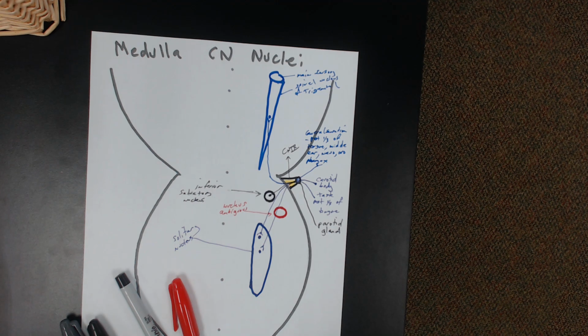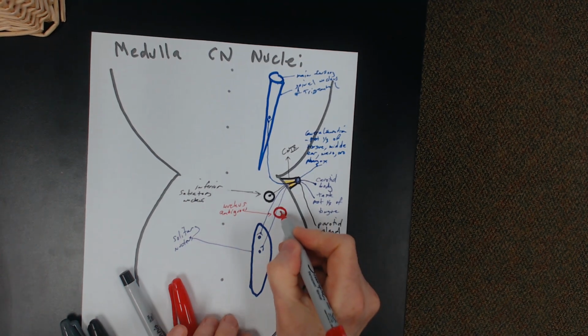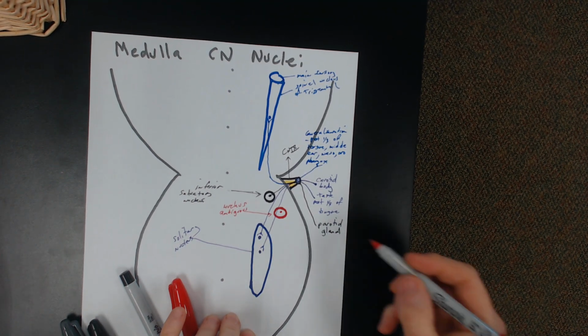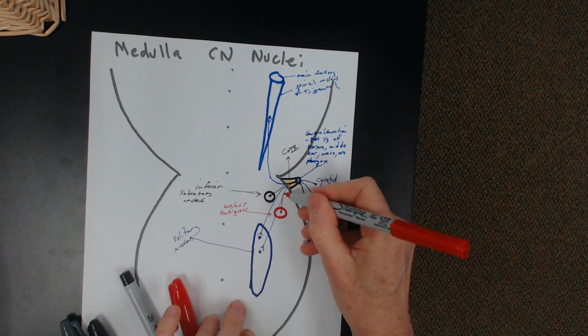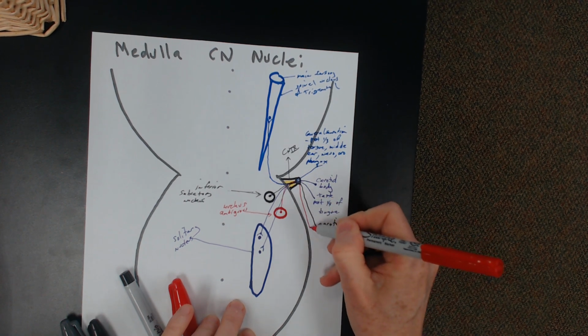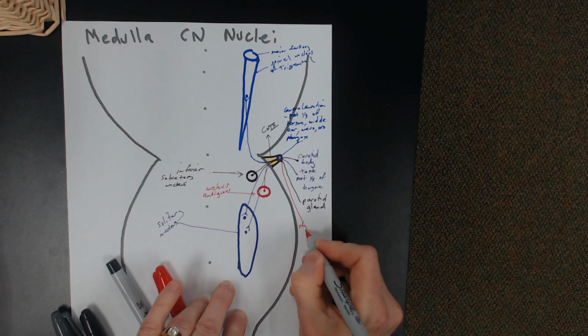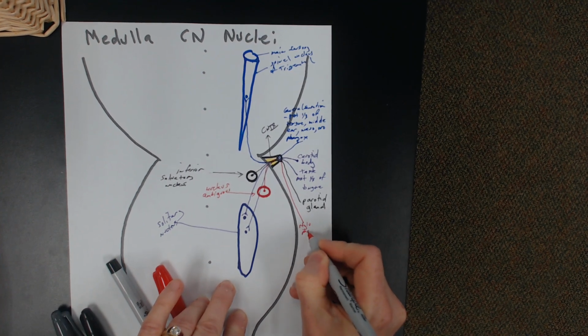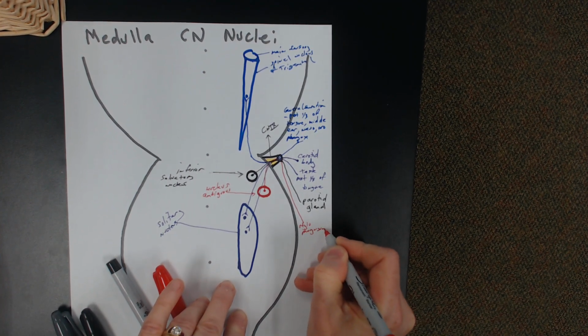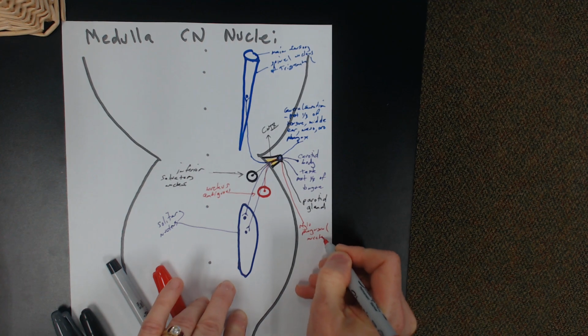Okay, nucleus ambiguus, so the lower motor neuron cell body residing here sends out axons that travel through cranial nerve number 9 and innervate that stylopharyngeal muscle. Okay.